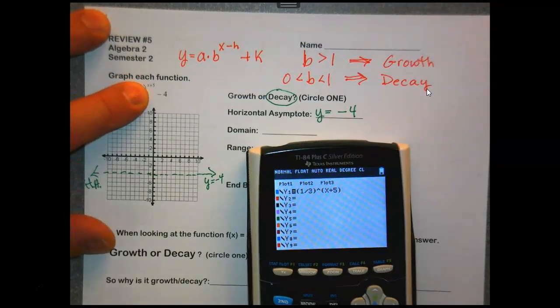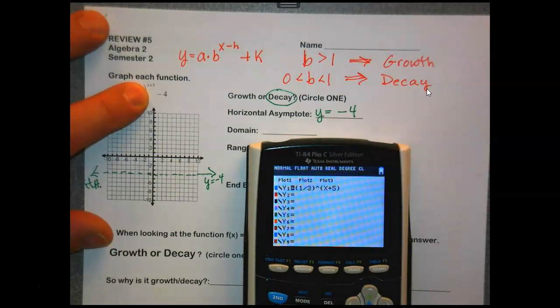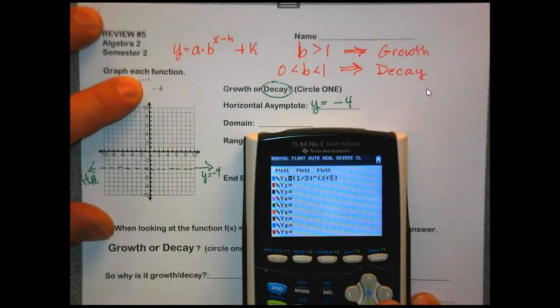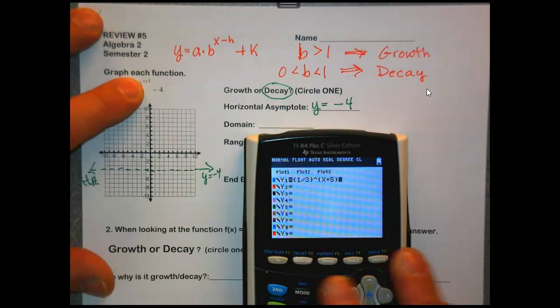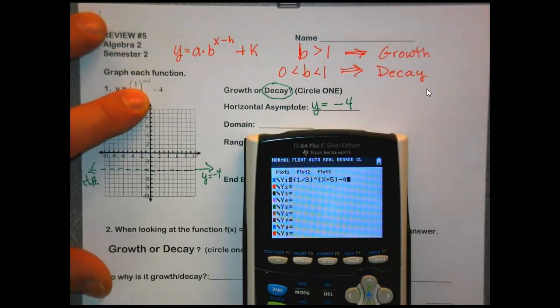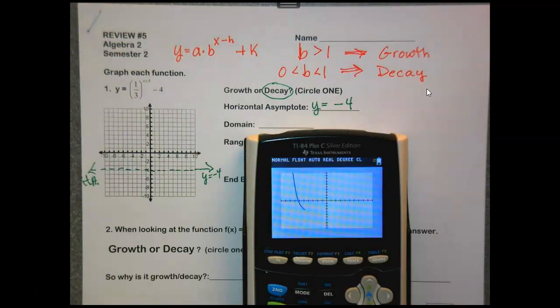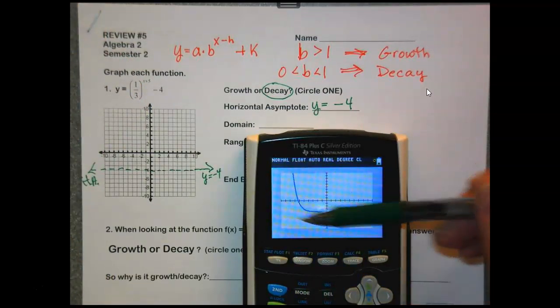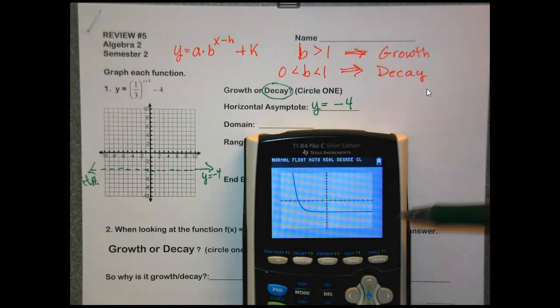On your calculators, you're going to have to use that right arrow key to get out of the exponent. Your calculators are a little different than mine. And then I'm going to put a minus 4, graph it, and sure enough, my horizontal asymptote there is negative 4.